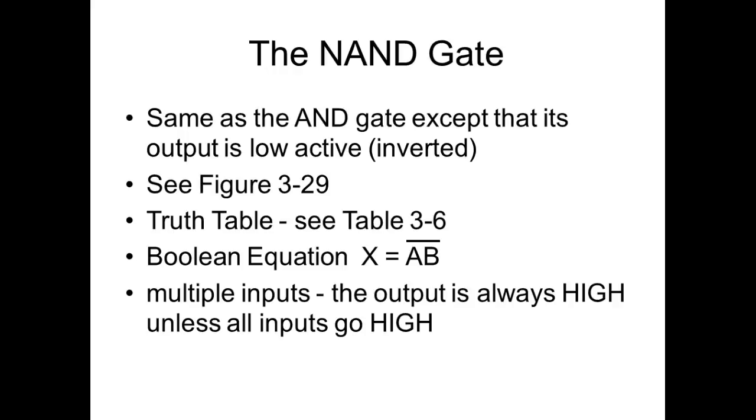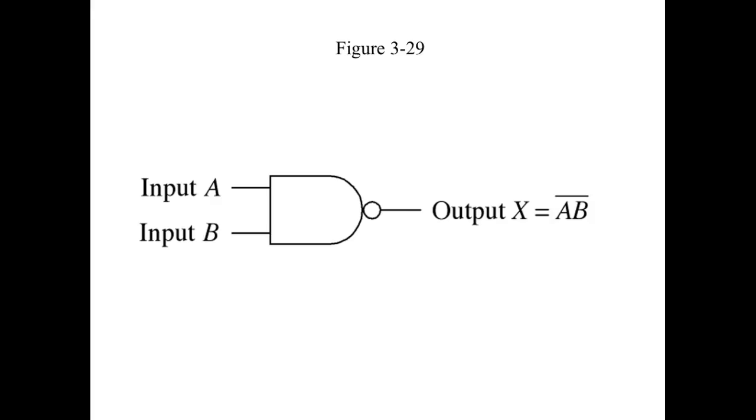So a NAND gate. This is where people run into problems, because the inputs are on the left and the output is on the right. So somebody in this class is going to write A, B equals X, because that's the way it looks like it flows.